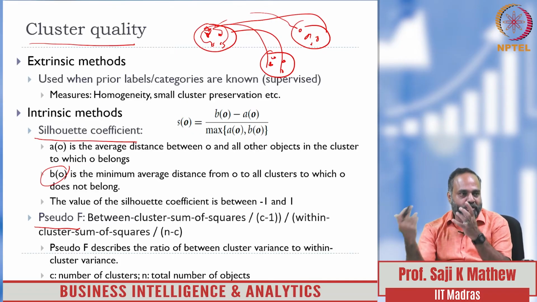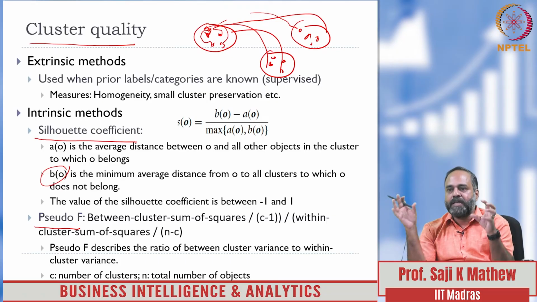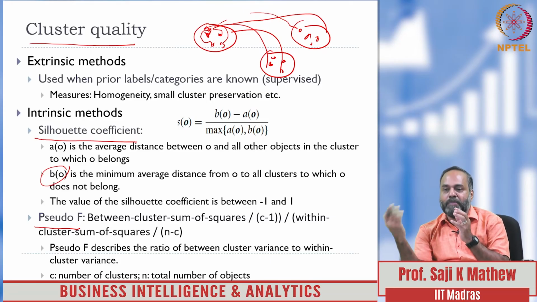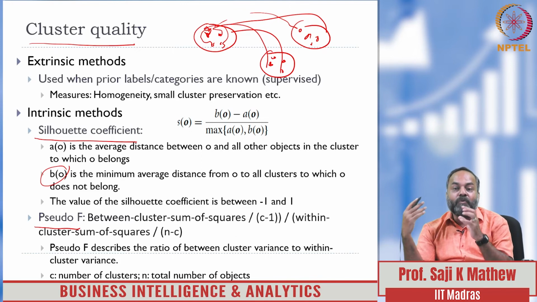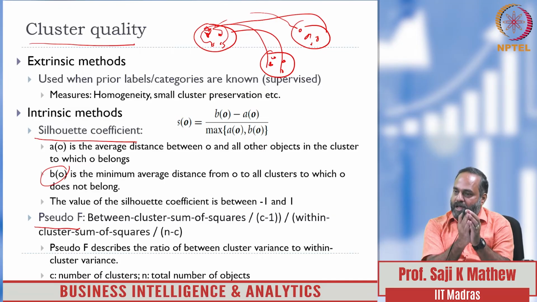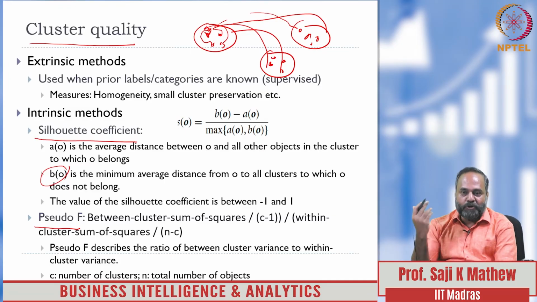Clustering has to be taken that way: cluster objects should be close within, but they should be very different. They should discriminate from other clusters. So, it is a measure of how well a cluster discriminates versus how well a cluster is homogeneous. So, homogeneity versus heterogeneity.